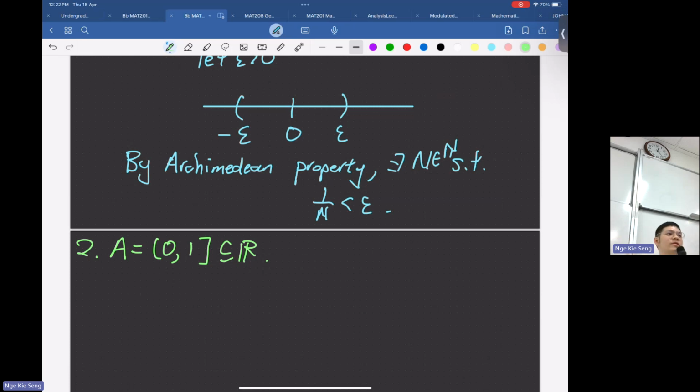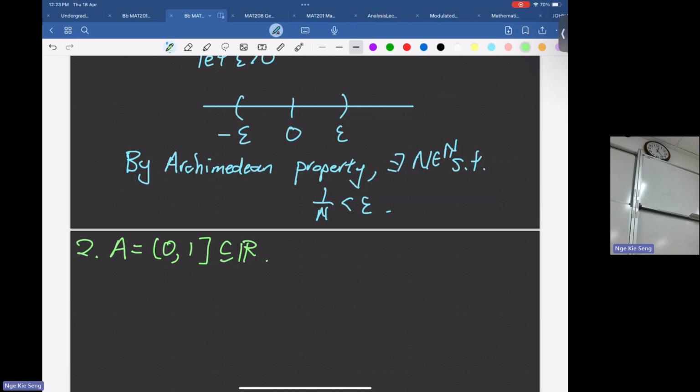How do you show this set doesn't have isolated points? What's the negation of an isolated point? Sure, every point is a limit point.